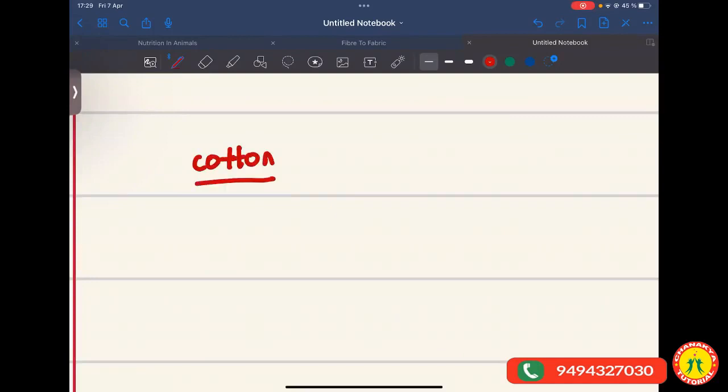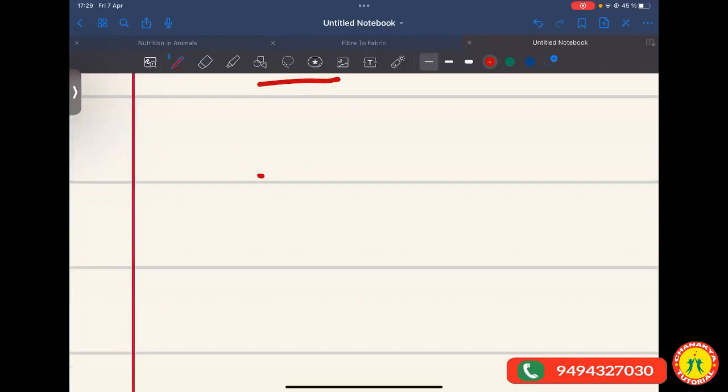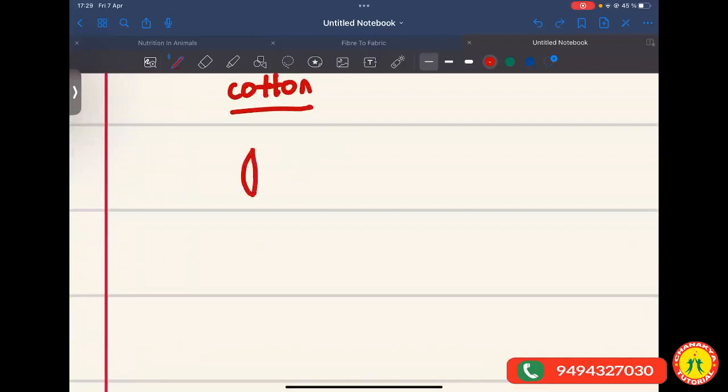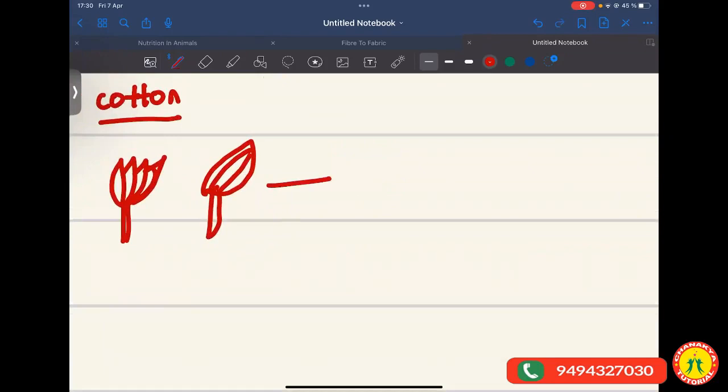So this cotton, there'll be a farm. Okay. And these farms, they grow something like this. Okay, this is how it looks like. It's all pointed and closed. There's a stem and there are hundreds of these.